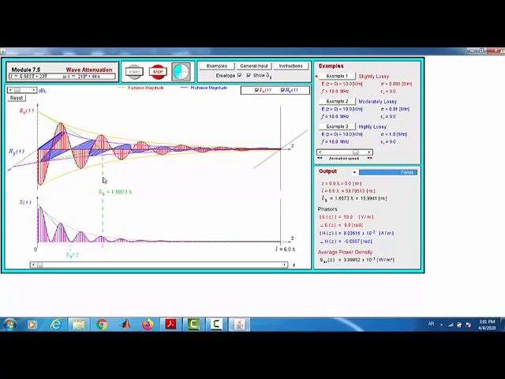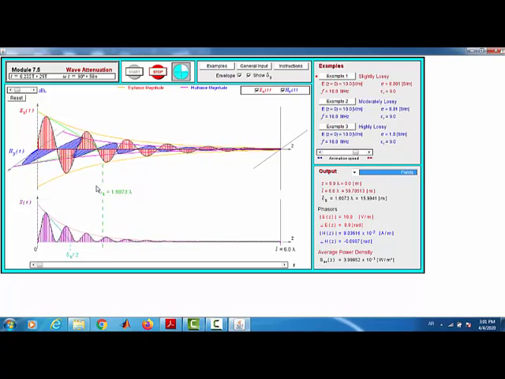So this position is called penetration depth, delta, sometimes called skin depth or penetration depth. At this position, the amplitude of the field, magnetic or electric, is degraded to about 36%.